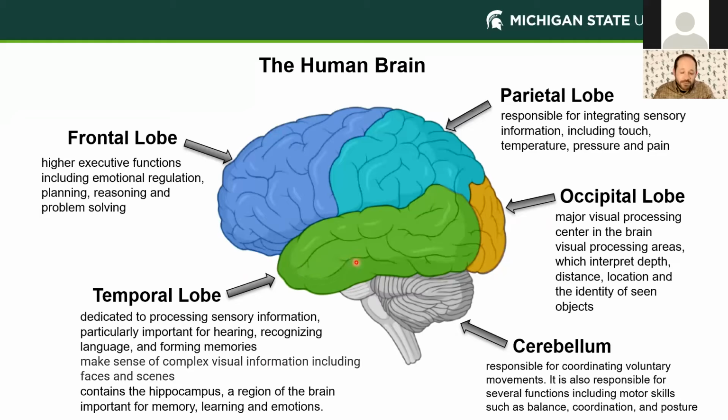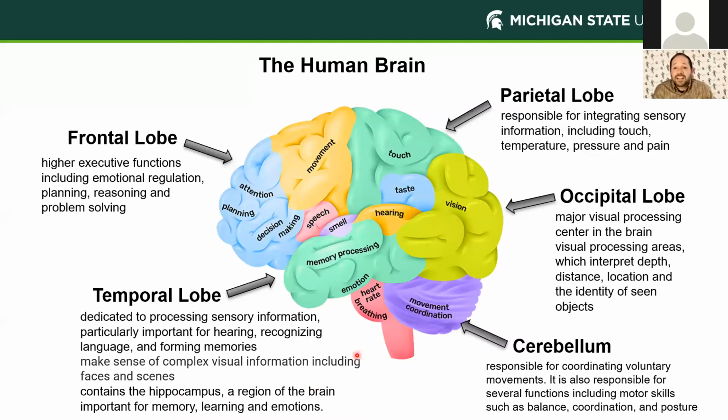This is where the stimulus and the information come in, and then we can learn. It contains a specific brain region we're going to talk about in a little more detail in the next slide. The hippocampus is the region contained in this temporal lobe, and it is one of the areas very important for the brain to process memory, learning, and also emotions.